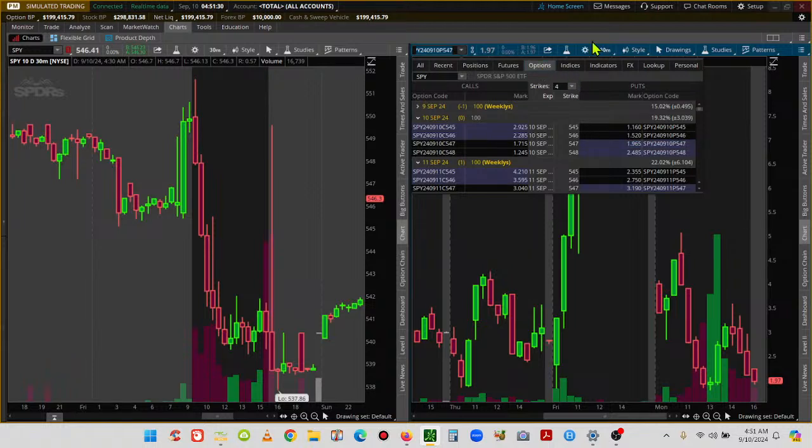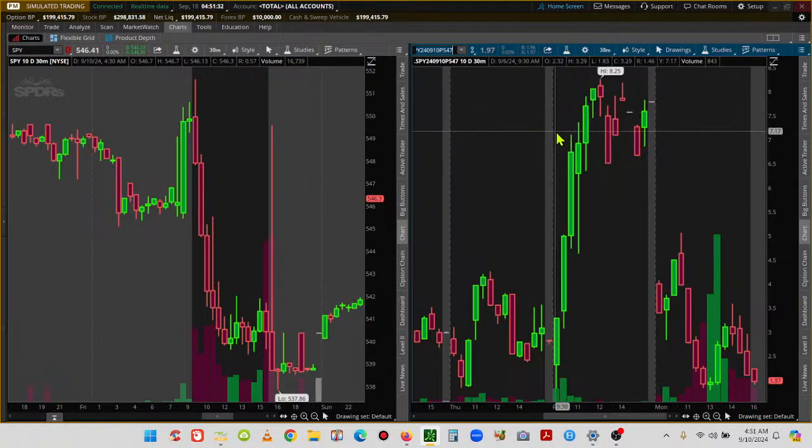But we're looking back in time at this open right here. It says 9/6/2024 at 9:30 a.m. And then over here on the SPY, the ETF SPY, the open on the SPY was right there at 549.94.